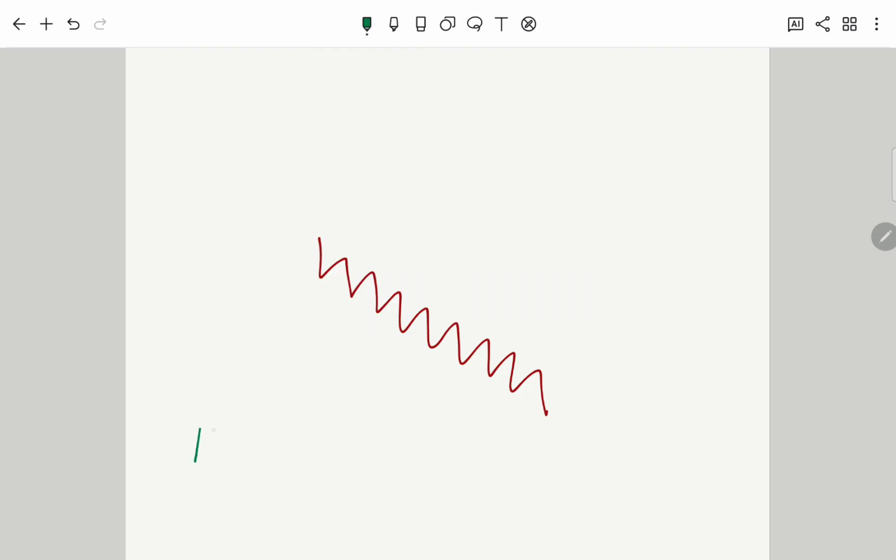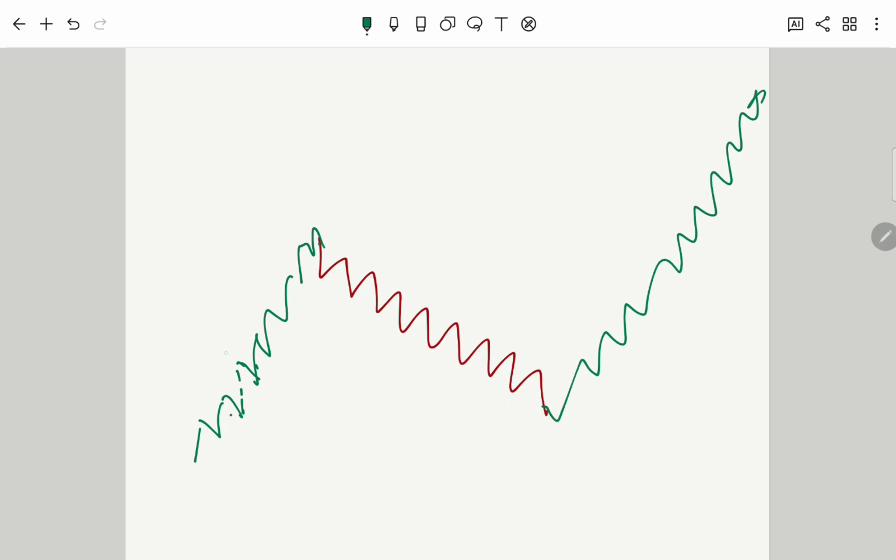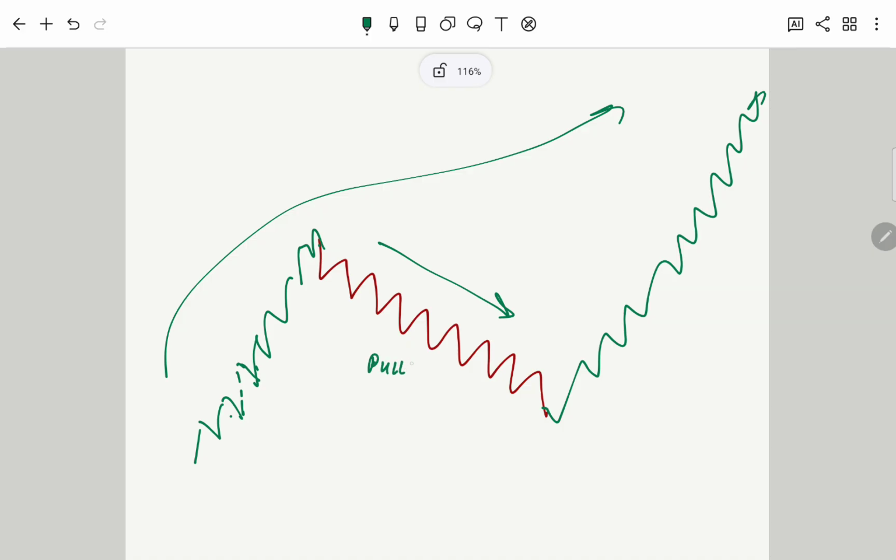But if we do this, then all of a sudden it is part of an uptrend, and this red portion is just the pullback. Is that clear? So that is the basis of the problem that we are discussing over here, that just by looking at the price you cannot tell whether the price is in an uptrend or a downtrend.